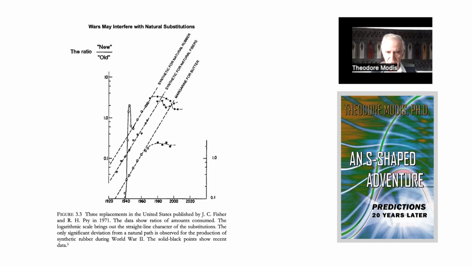So we are having a very rapid increase of this new to old. The new is growing much faster than the other. See, in the other cases, they're parallel lines. So that means the rate of growth is comparable in these substitutions.